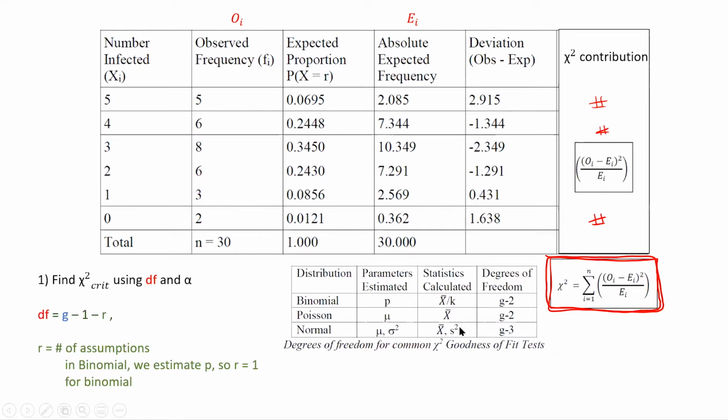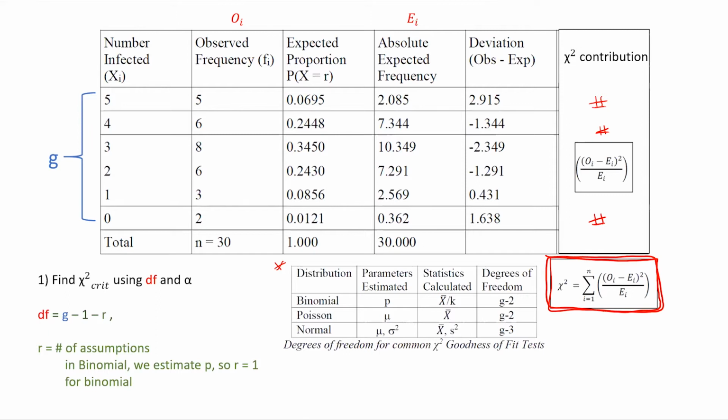And we're using those to estimate our population mean and population variance, which means R equals 2. It's a little bit easier to just remember this table here, though, instead of trying to figure out what R is for each of these distributions. And again, G is just the number of groups your data has been organized into.